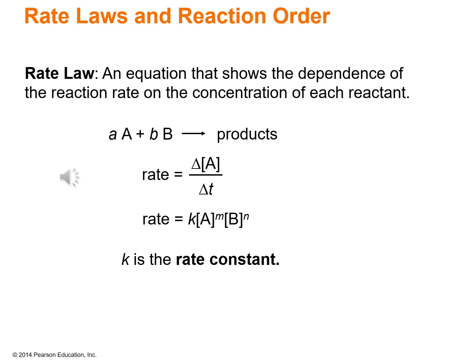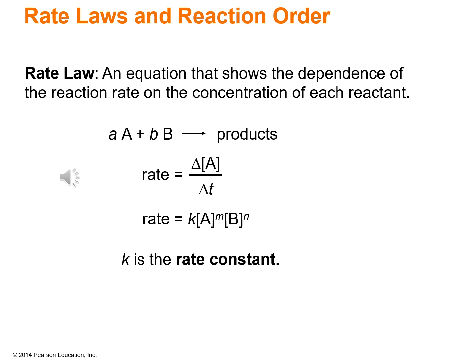As we said earlier, the rate of the decomposition of the nitrogen pentoxide is going to depend on its concentration, slowing down as the nitrogen pentoxide concentration decreases. So what this looks like is you have A plus B forming your product, where A and B are the reactants and little a and little b are the stoichiometric coefficients in the balanced chemical equation.